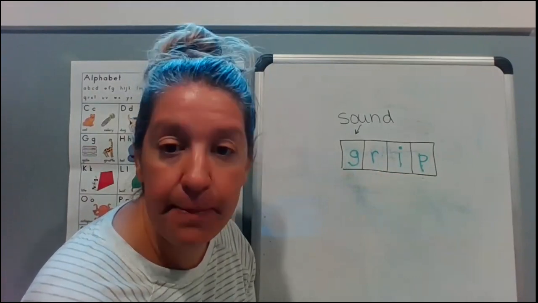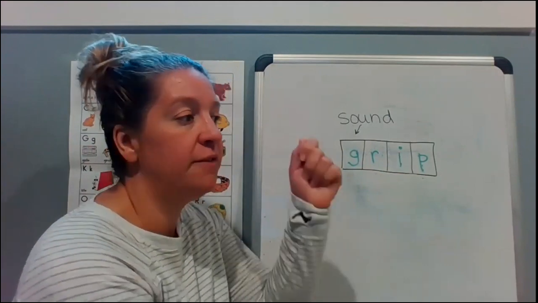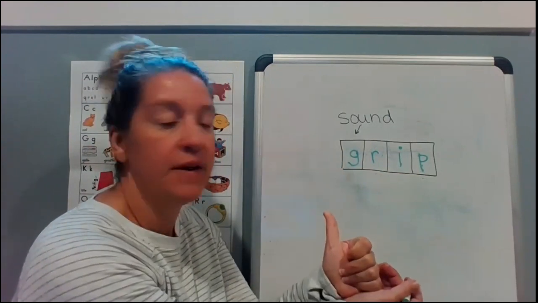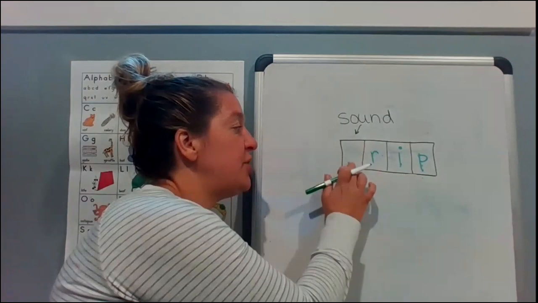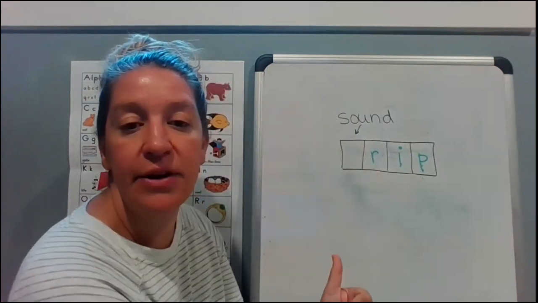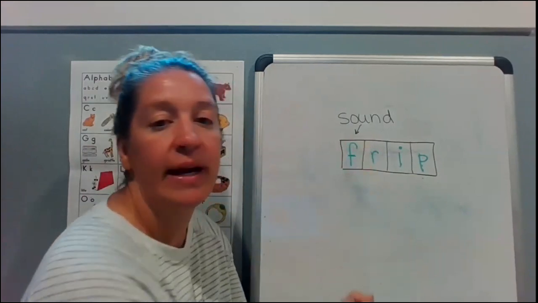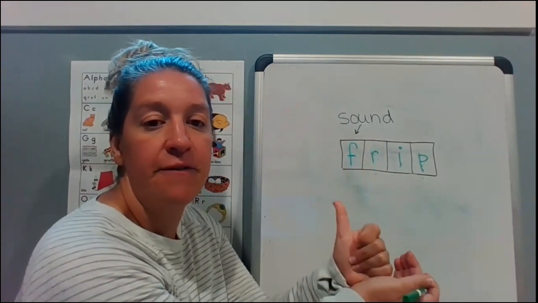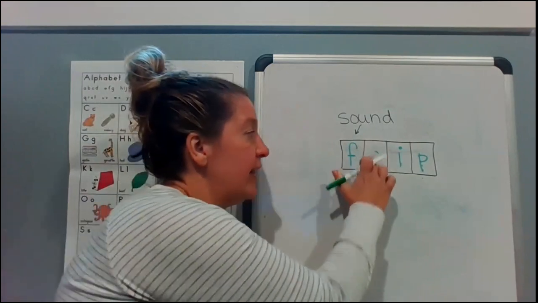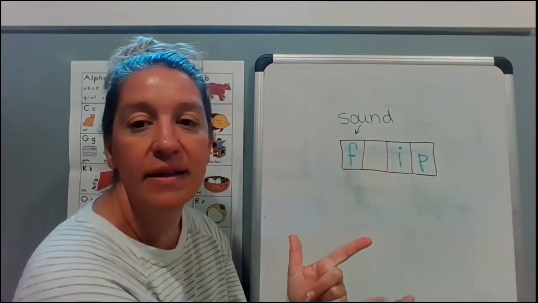Flip. Let's pound and tap that one. Flip. Ooh, I've got to change this G because that says G to the letter that says F, the letter F. Let's keep going. Flip. Which letter says I?